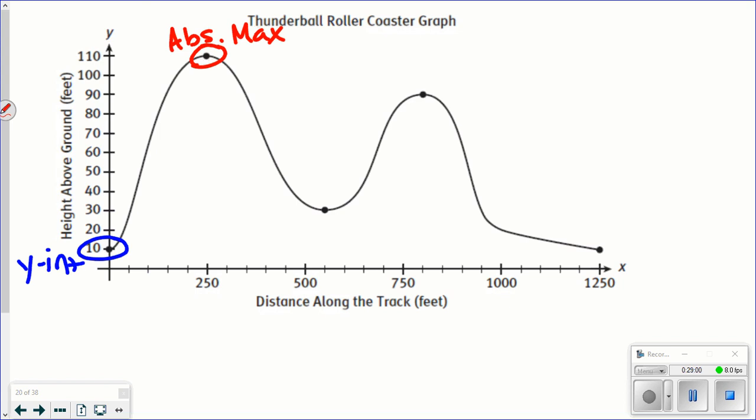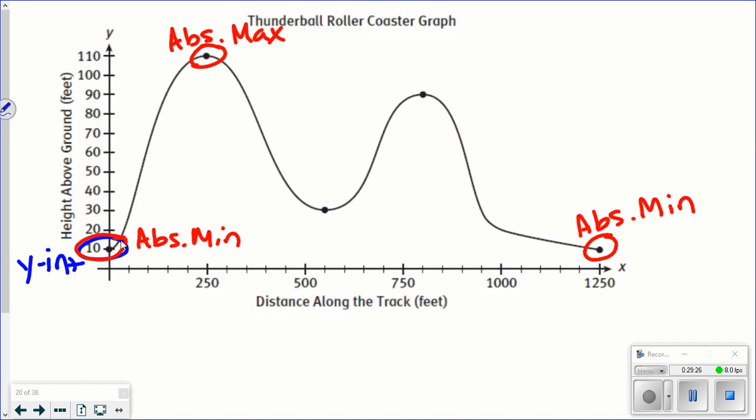What is an absolute minimum? The lowest point. It's right here at 10, and it's also right here at 10. It just occurs twice because our roller coaster starts and ends at the same spot. So the highest point and the lowest point, no matter where they occur.